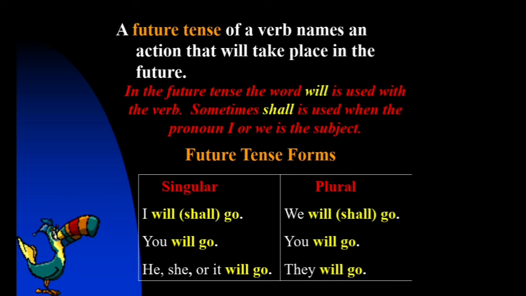Future tense forms of verb. Singular: I will go. You can also write I shall go. You will go. He, she, or it will go. Plural: we will go. You can also write we shall go. You will go. They will go.